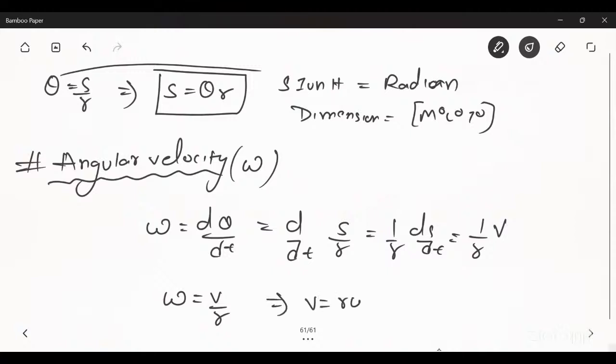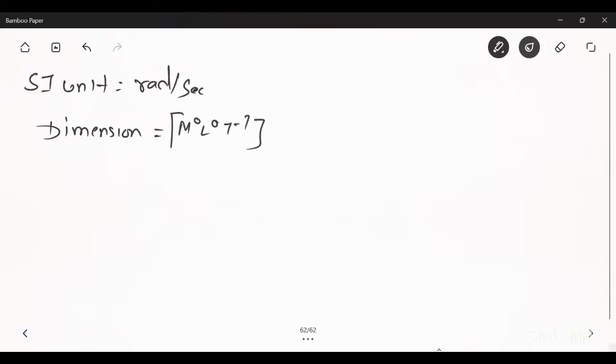That is the relation between angular velocity and linear velocity. The SI unit of omega is radian per second, and its dimension is M0 L0 T minus 1, since radian has no dimension and second has dimension of T.